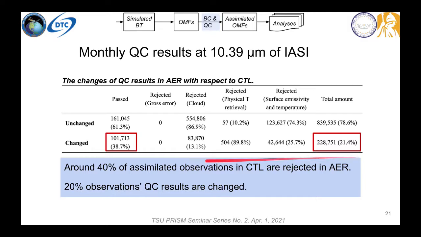So you can see that in the AER run, it shows a small, less negative feature over the IR window channel, which is due to the cooler brightness temperature simulation. And as a result, the root mean square first guess departure is slightly improved over the IR window channel.